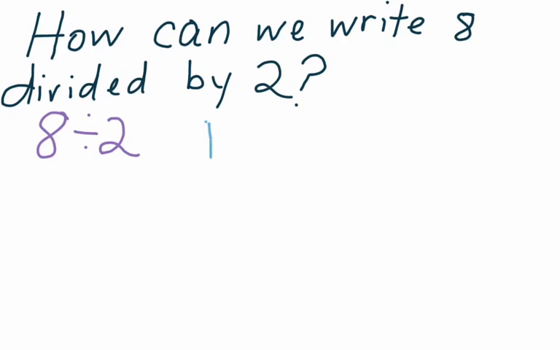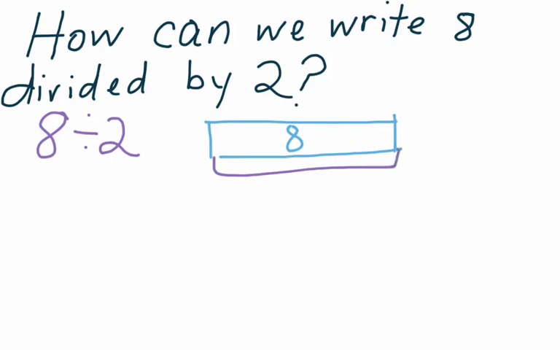We could have a model, and this whole thing is 8, and we want to divide it into 2. Or we could use a fraction, which if we did 8 divided by 2, 8 is your dividend, so the dividend goes on top, and your divisor goes on the bottom. So 8 is your numerator, 2 is your denominator.